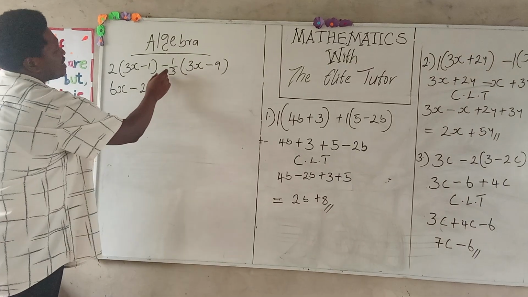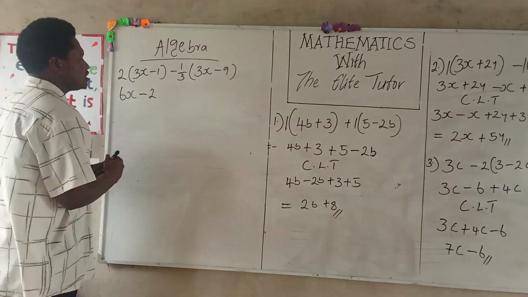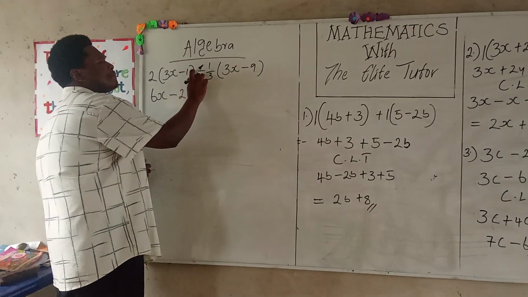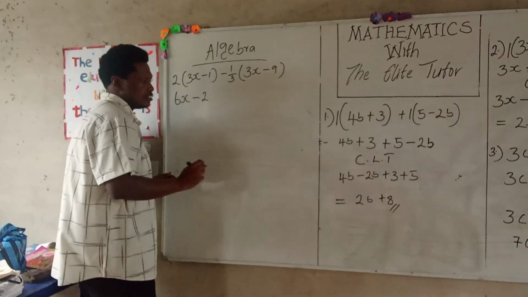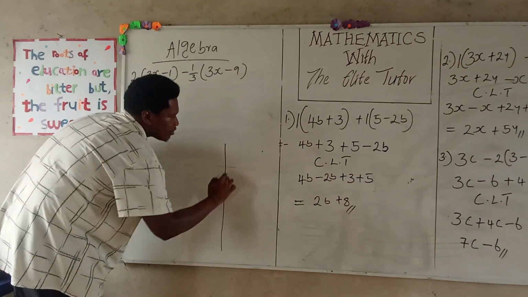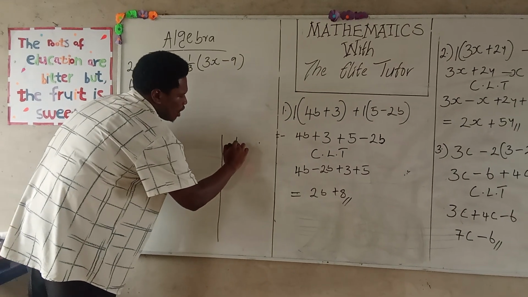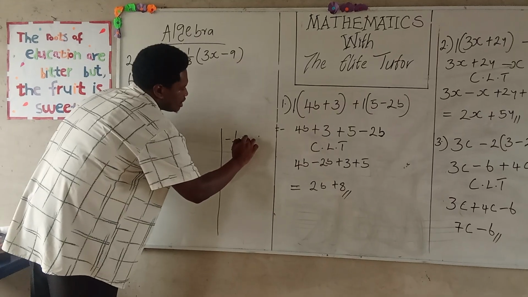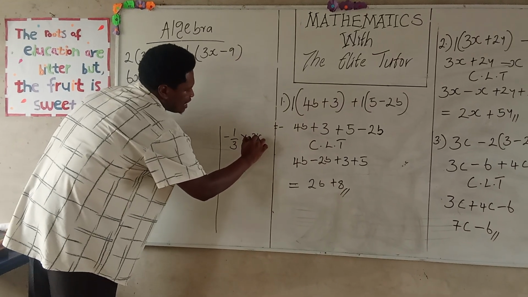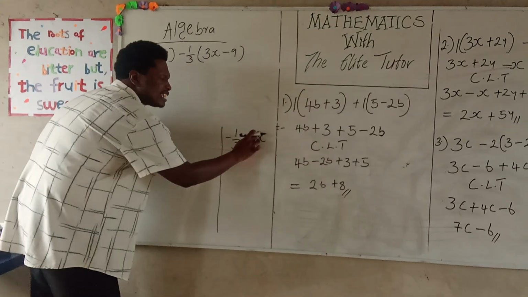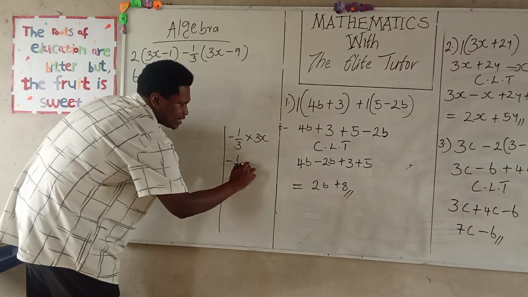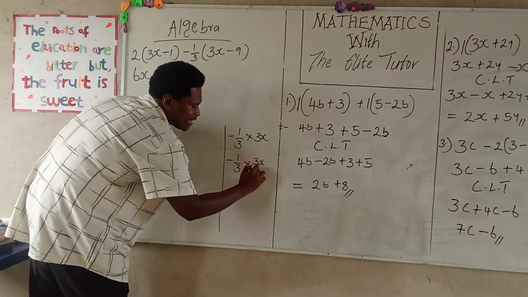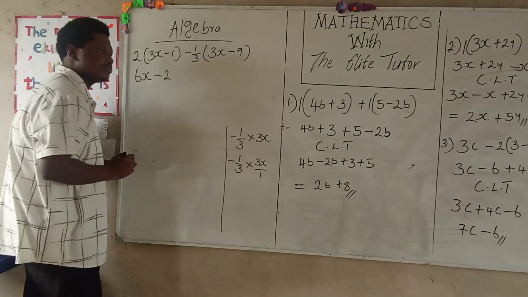Now, we want to use what is here to open this bracket. Now, this is minus 1 over 3 times 3x. Let's show some workings. We have minus 1 over 3 times 3x, which is the same thing as minus 1 over 3 times 3x over 1.